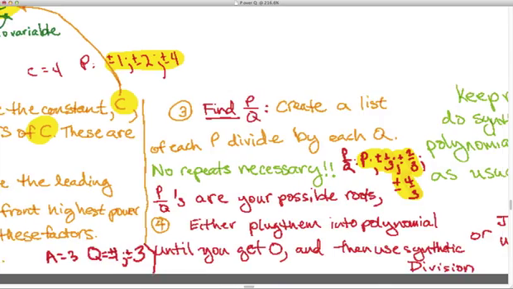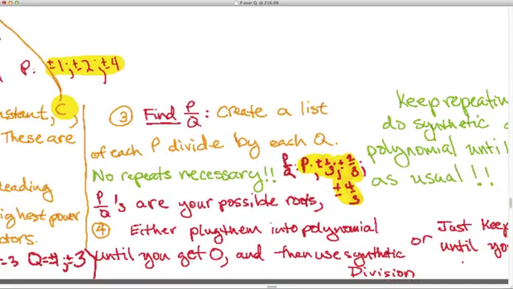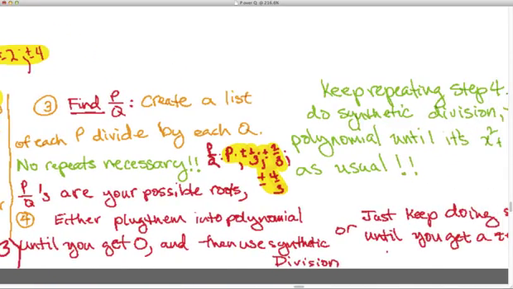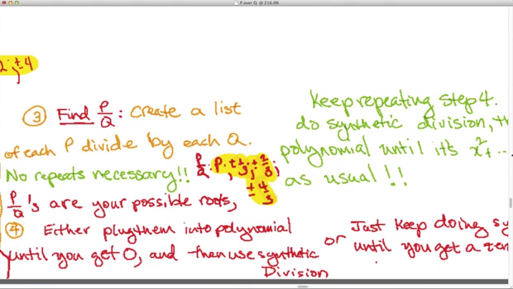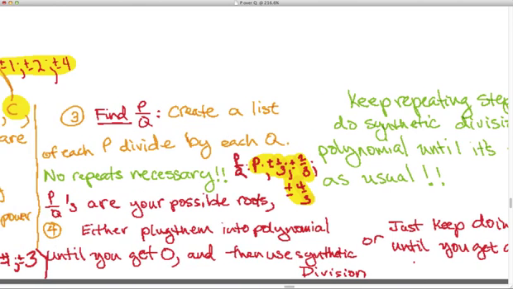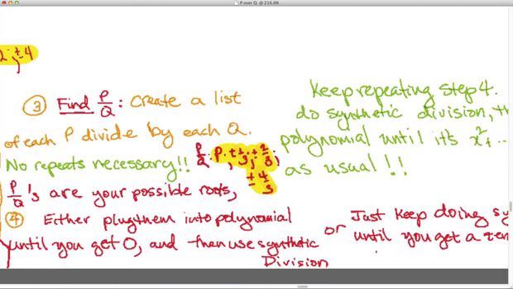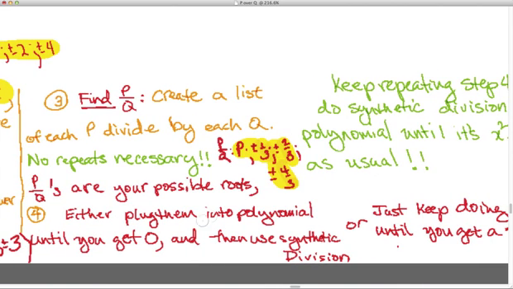So what do you do after you find these P's over Q's? There's 2 ways you can do this. Some people prefer one, the other prefer the other method. So just pick one and just keep doing it. First method is you're going to plug all these P's over Q's into the polynomial, and when you get a 0, that's when you've actually got a root.